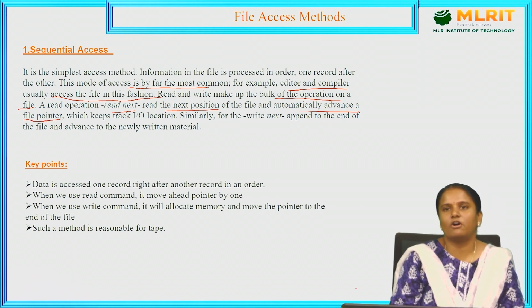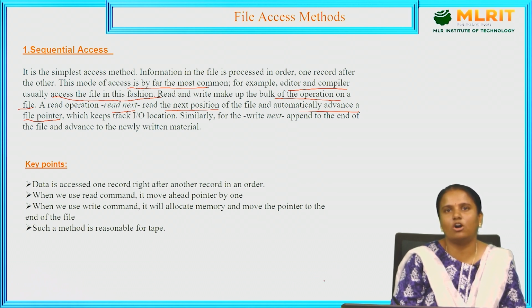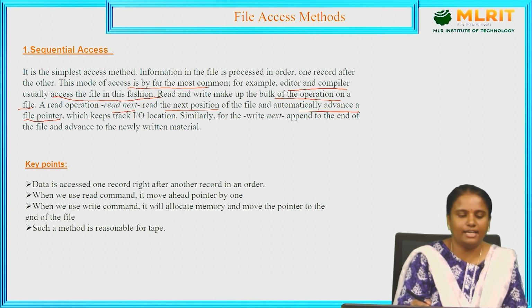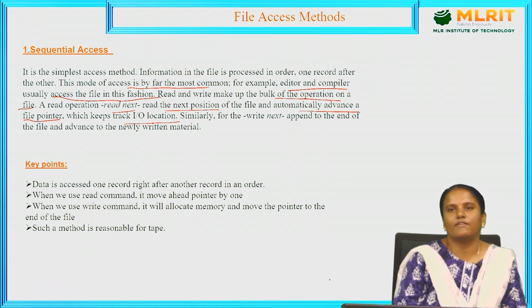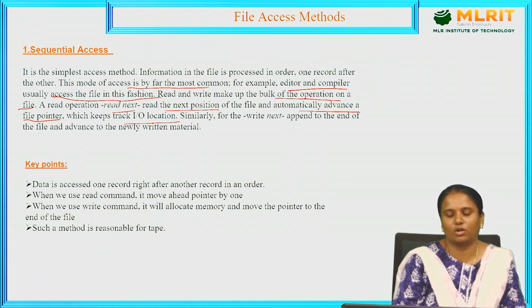The file pointer is nothing but the address of the next file. In the read operation, whatever position of the file is kept, it proceeds automatically one after the other in serial order, and keeps track of the input-output location.